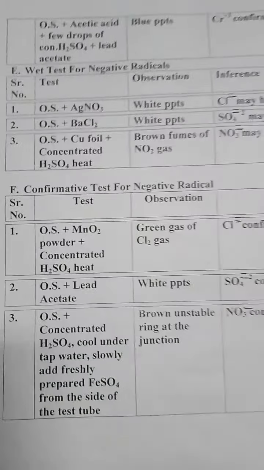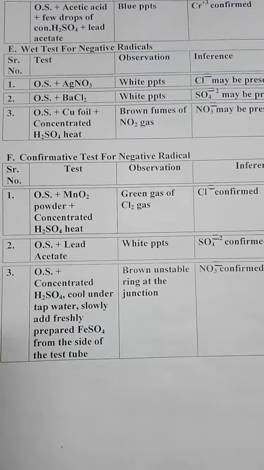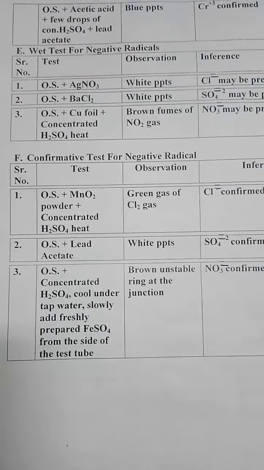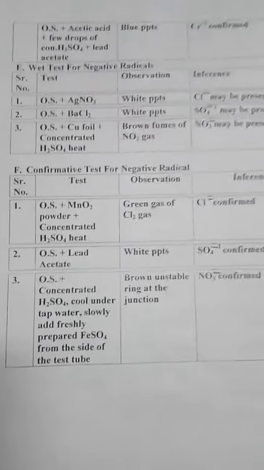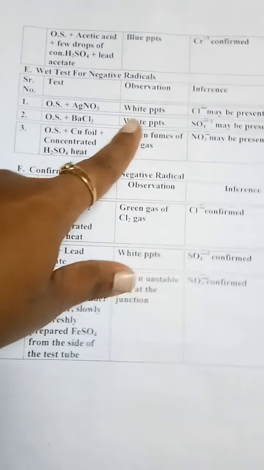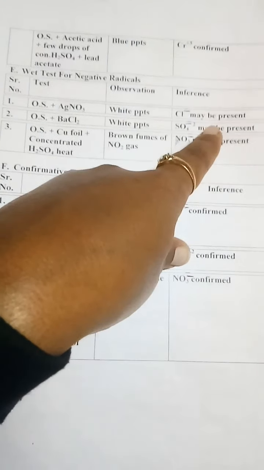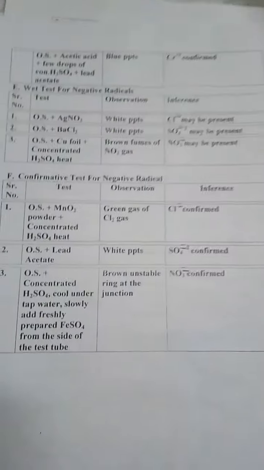So now we have to find the negative radical. First we are going to perform wet tests for negative radicals. The first test is OS plus AgNO3. If you get white precipitates, then Cl- may be present. Now we do the first test.